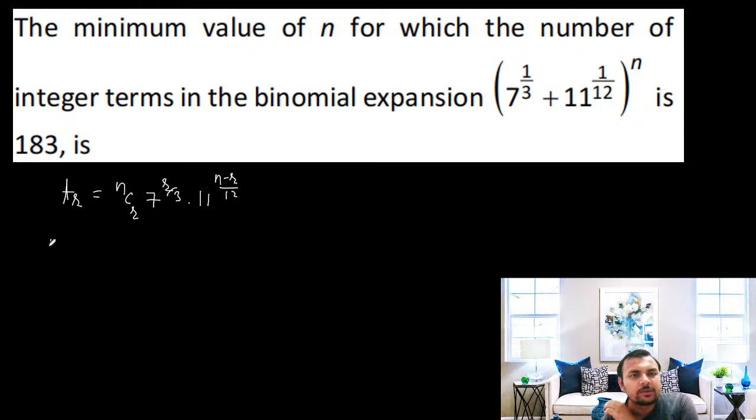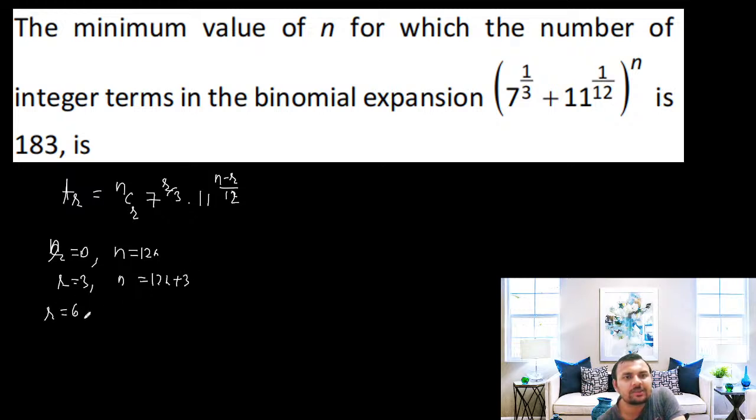So what should happen? We'll put n. For example, r is 0, n is 12 lambda; r is 3, n is 12 lambda plus 3; r is 6.